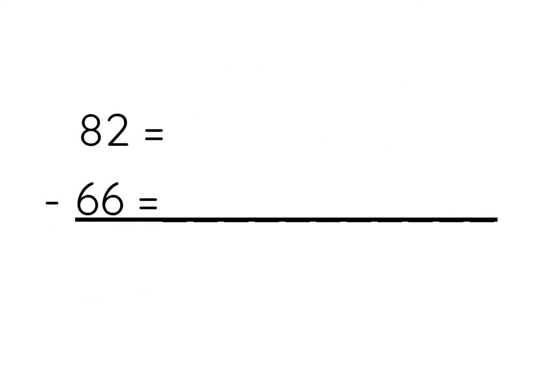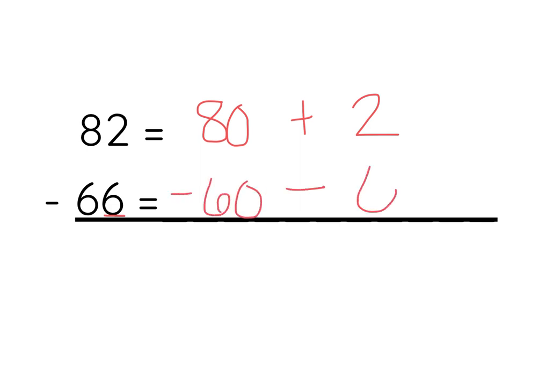Number 82, so 80 plus 2. I did look and make sure that my big digit was on the bottom, because if it's on the top, it's an NSN. I do not have 6 ones up on top, so I'm going to rename and take a group of 10 away from the 80, so it's 70.